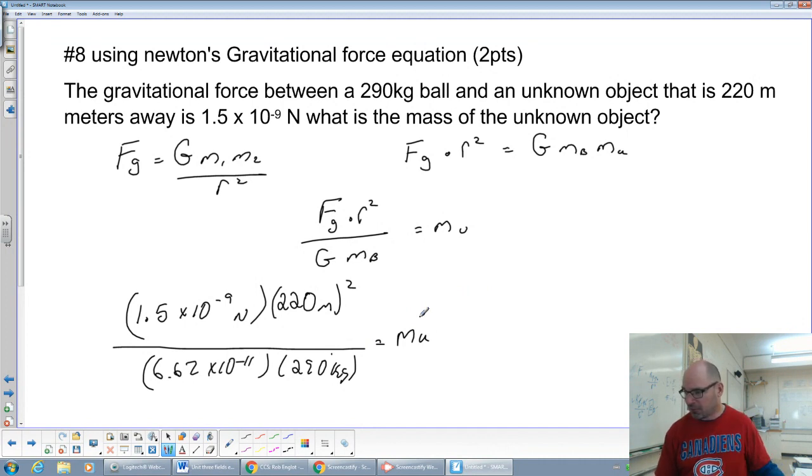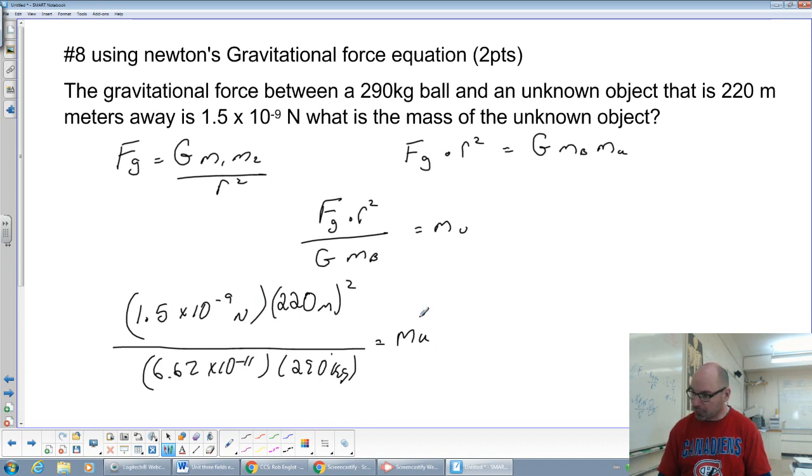So take your calculator out, do a little bit of work. 220 squared is where I'm going to start, times 1.5 times 10 to the -9. Then I'm going to divide out 6.67 times 10 to the -11.